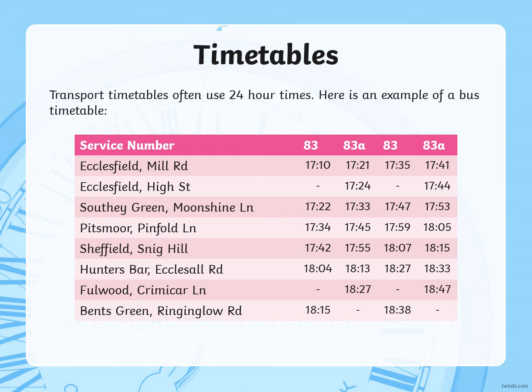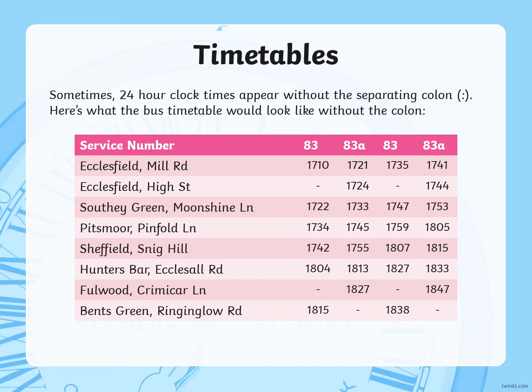What times does the 83 bus arrive at Sheffield Snig Hill? Sometimes 24-hour clocks will appear without the separating colon. Here's what the bus timetable would look like without the colon.